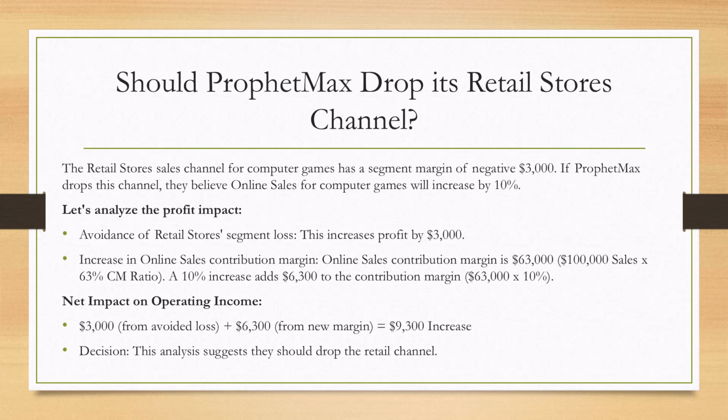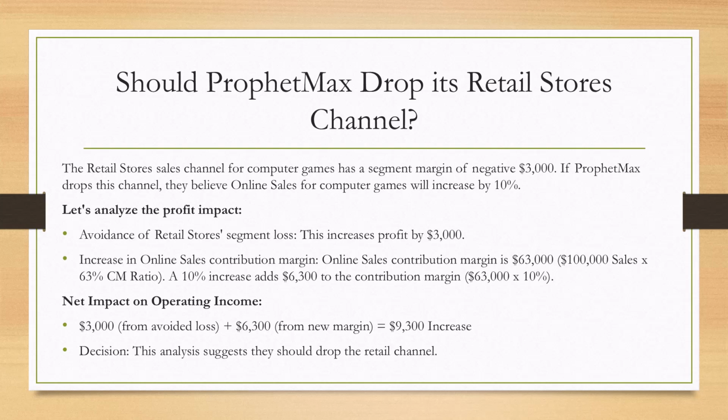Let's put this into practice with a decision. The retail store's sales channel at ProfitMax has a negative segment margin of $3,000. Management is considering dropping this channel, and they believe that if they do, online sales for computer games will increase by 10%. Let's analyze the profit impact.